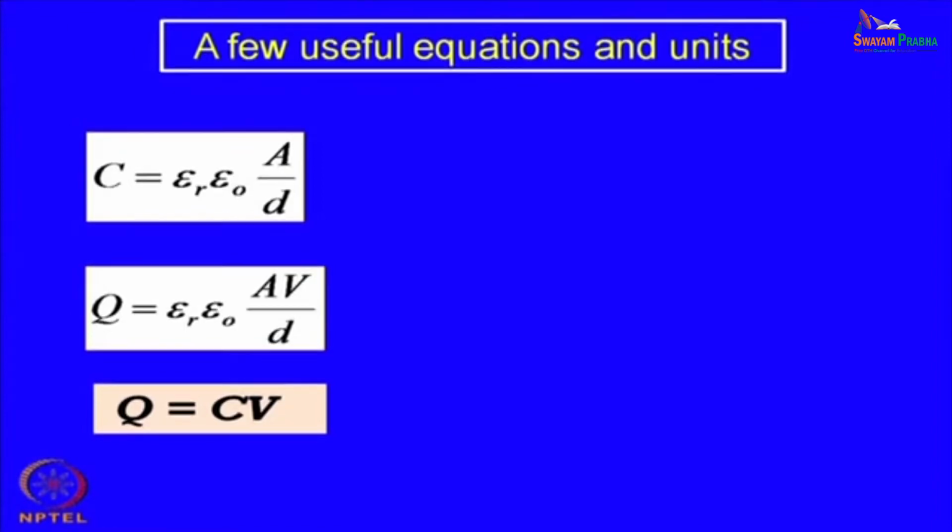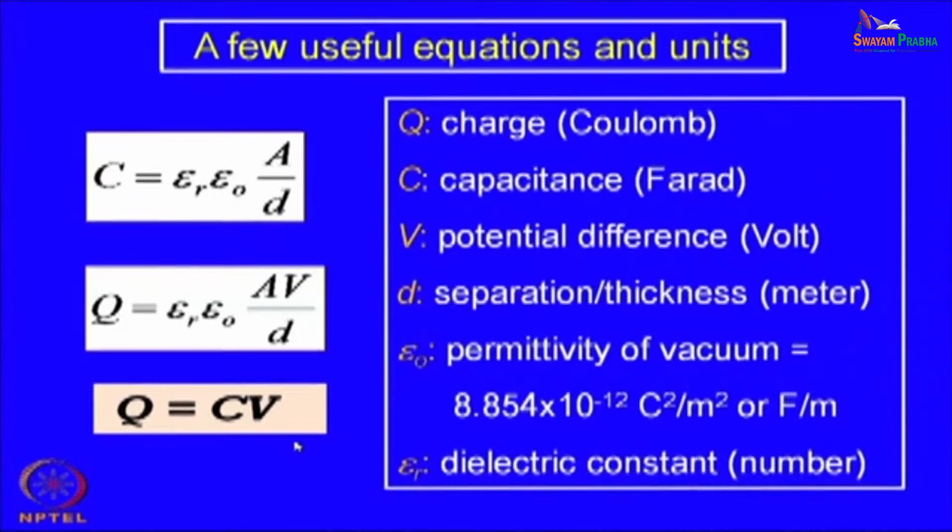Capacitance is just what has been indicated: epsilon r epsilon naught A by d, which is the geometric factor of the capacitance. And Q, the charge accumulation, is epsilon r epsilon naught A V by d, because basically Q equals C V. So, this part is C, and this part is C V, and the same equation has been written here. Now, the units: the unit of charge is coulomb, and capacitance is farad.